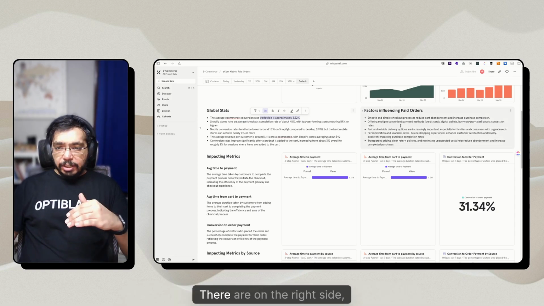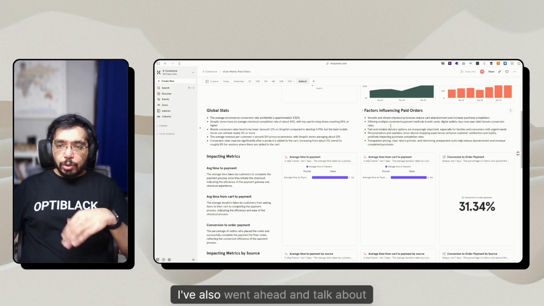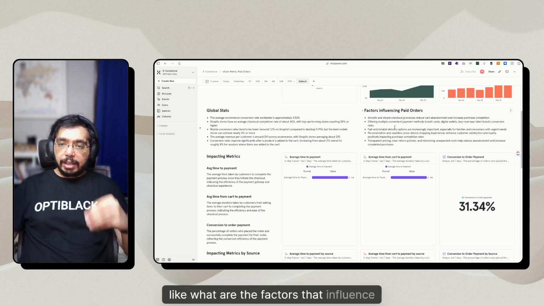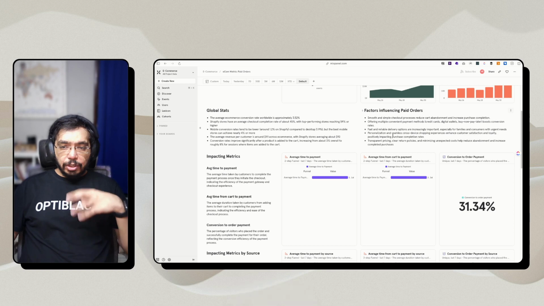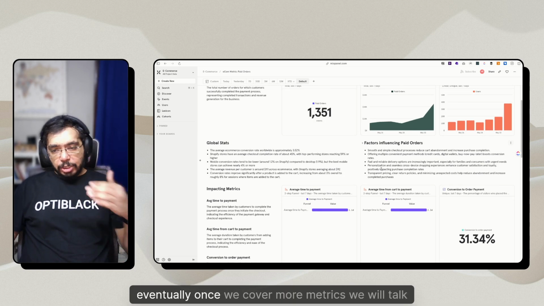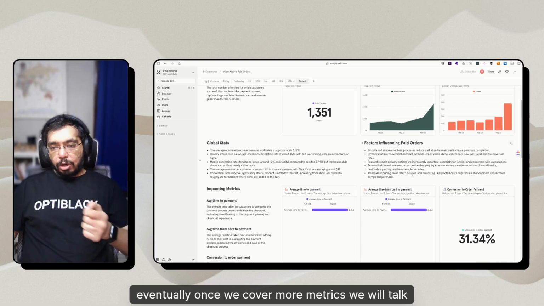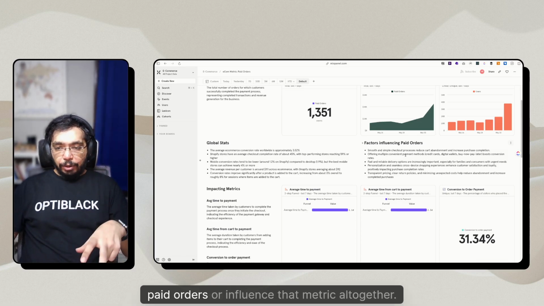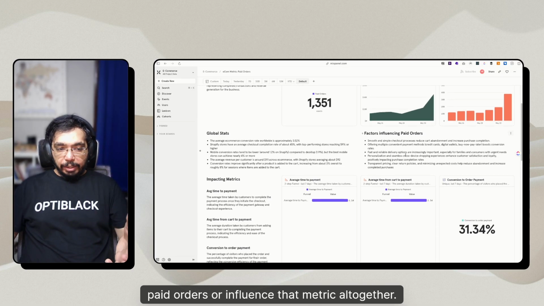On the right side, I've also talked about the factors that influence paid orders. Today we are doing paid orders, but once we cover more metrics, we will talk about the factors that influence each metric.